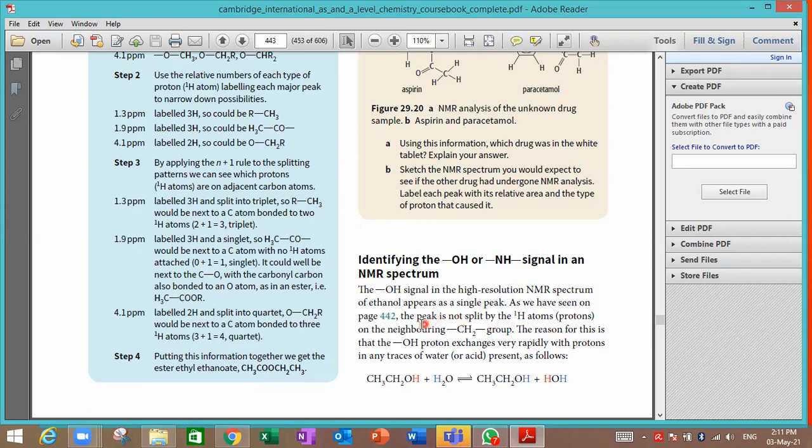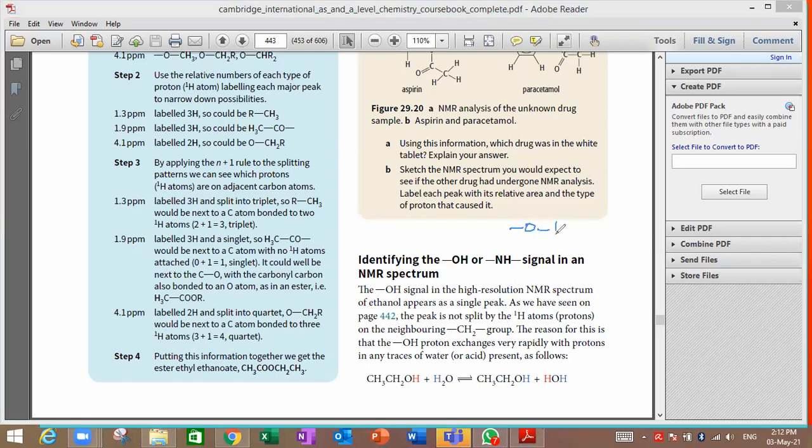Also here it says that the peak of the OH is not split by the proton atoms on the neighboring CH2 group. We said that we have a CH2, we have an OH, and we have CH2 here, isn't it? Now, why is this not split? I told you because it's not directly bonded to a carbon carrying a hydrogen.